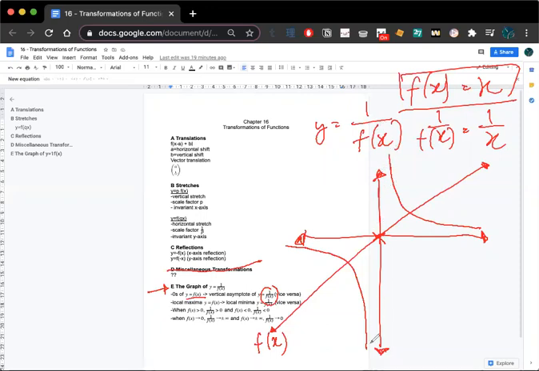As you can see, it is the vertical asymptote indeed, because when you have 1 over f(x), it is approaching either infinity or minus infinity at the 0 point, but it's not touching it.